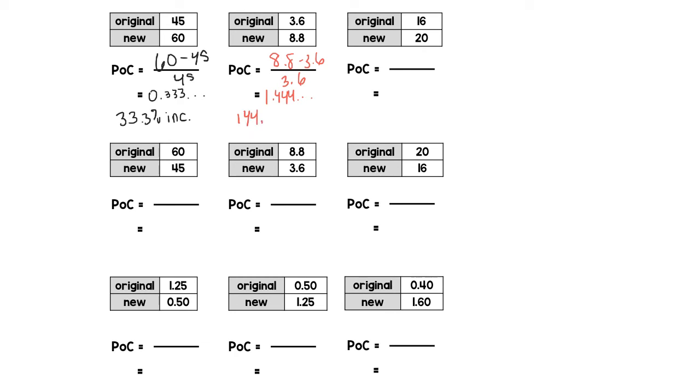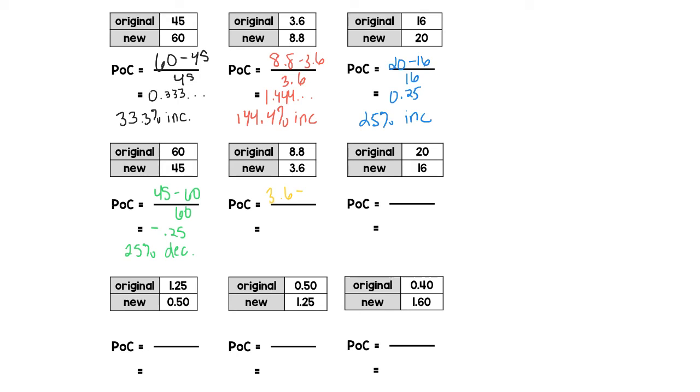That means it's a 144.4% increase. New minus old over old is 0.25, so that's a 25% increase. New minus old over old is negative 0.25, and that's a 25% decrease.